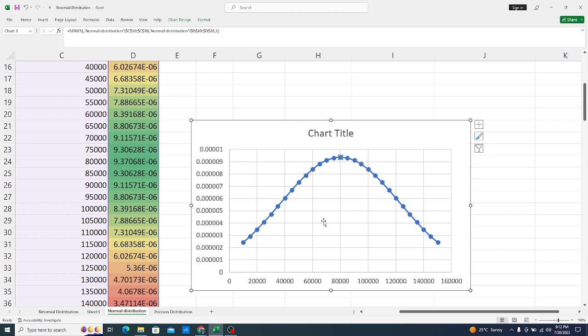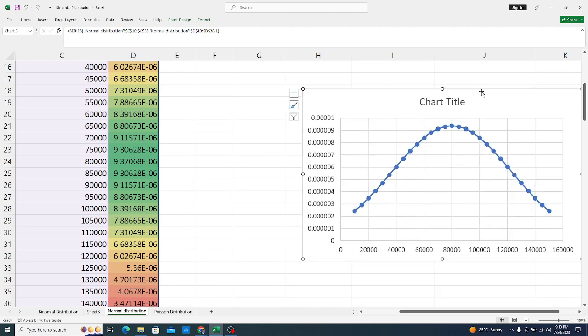Basically, from my knowledge, when we change the mean, it will bring a horizontal change to the normal distribution.